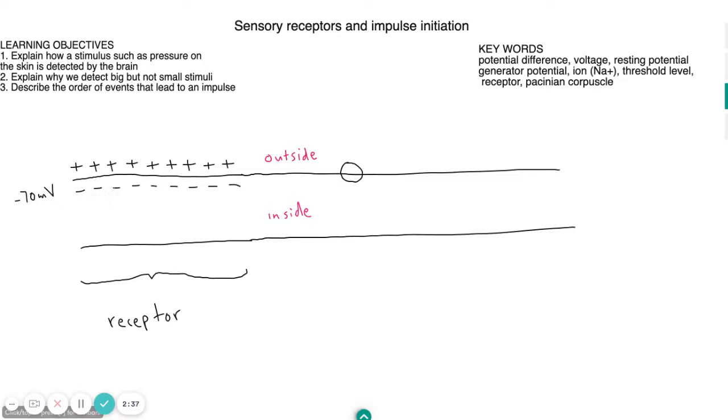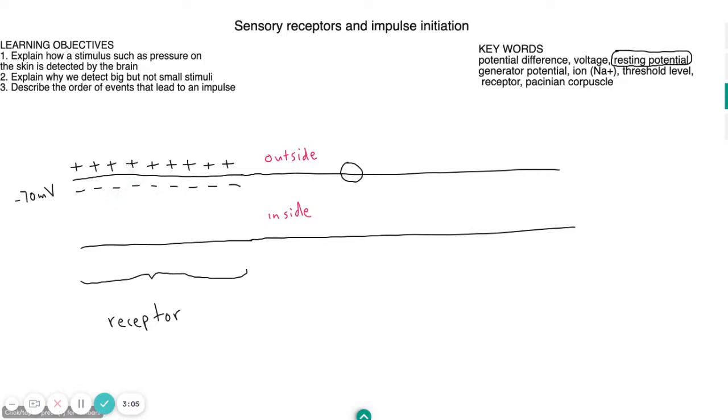We call that a resting potential, which gives the impression that it's resting, but actually that requires energy, which we'll go into in more detail in the next video. So a resting potential has been set up. The inside relative to the outside is minus 70 millivolts. Sometimes it's written as minus 60, minus 70 millivolts, that's fine.